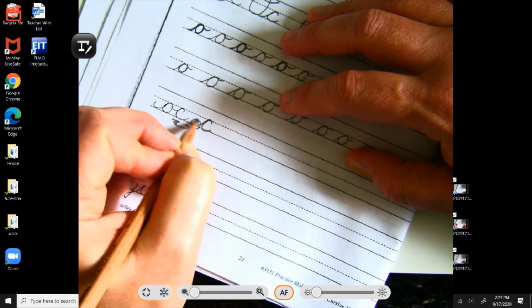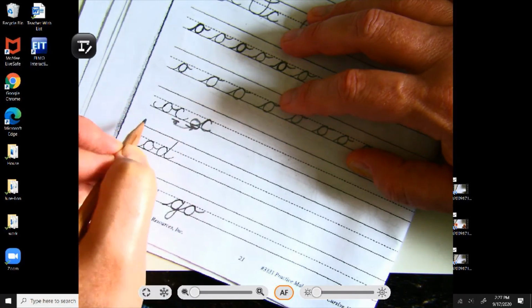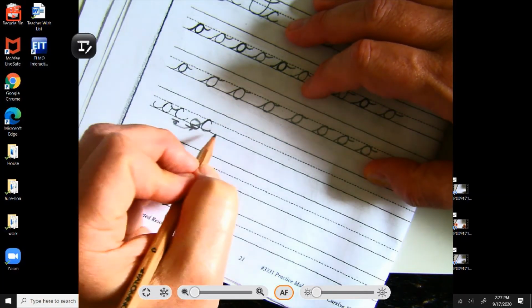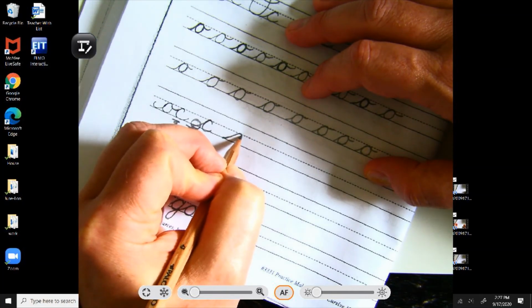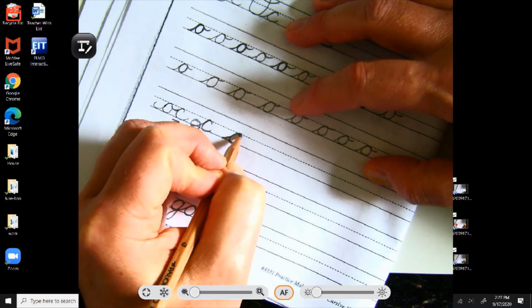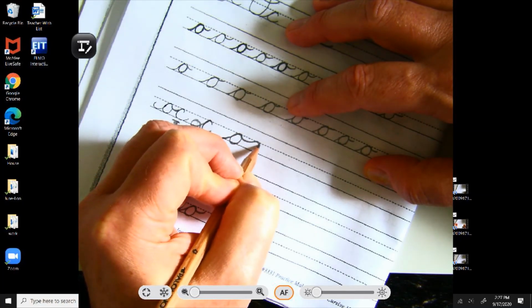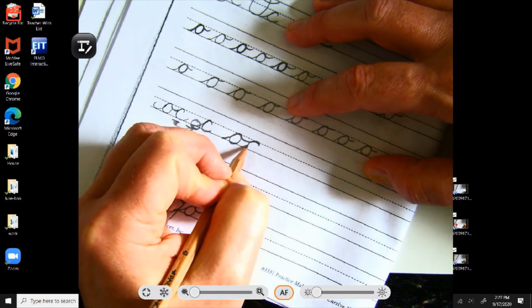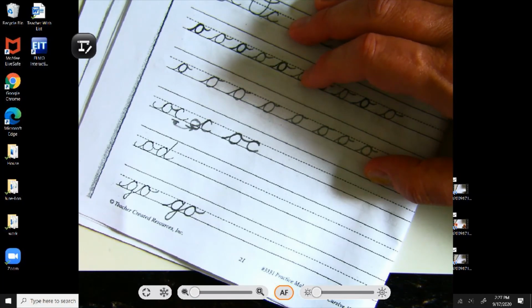So instead of starting here at the baseline, you actually form it right off of this kick out tail. Let me show you one. So I started the baseline, up and over, swing back around to the baseline, middle line, the kick out tail becomes the up and over. Then I still swing back around to actually make the C out of it, and then the kick out tail.